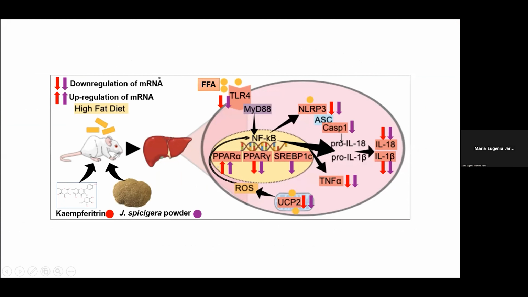We see that both reduce TLR4 and both reduce NLRP3, caspase-1 only by the spicigera plant, and both reduce interleukin-18 and interleukin-1 beta, TNF-alpha, and UCP2, avoiding the production of ROS.